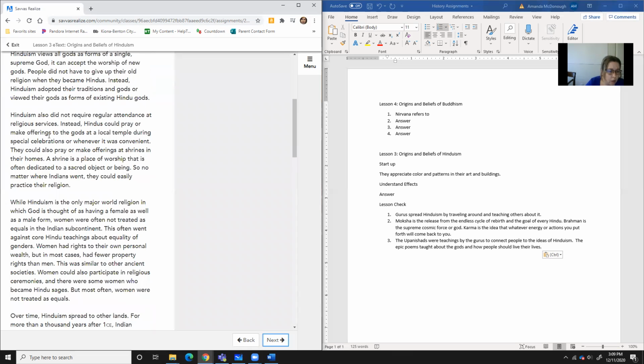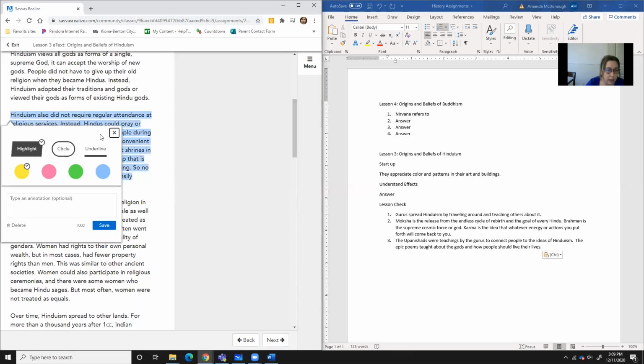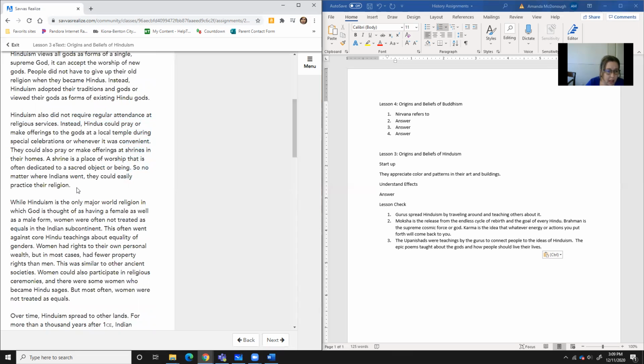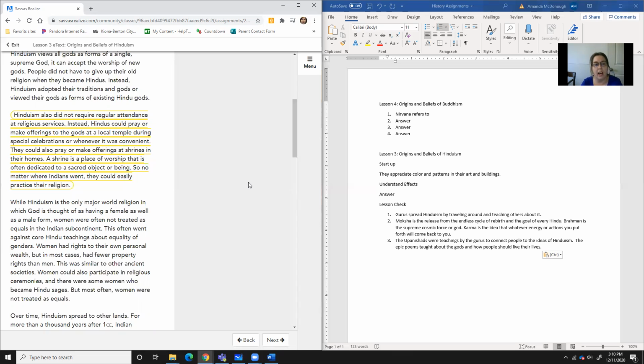Okay, so right here is one of the reasons why they make offerings: their religion allows them to have a temple. They would go to a temple, or they could even have a small shrine in their house where they could offer flowers and things of beauty to the god such as Shiva.